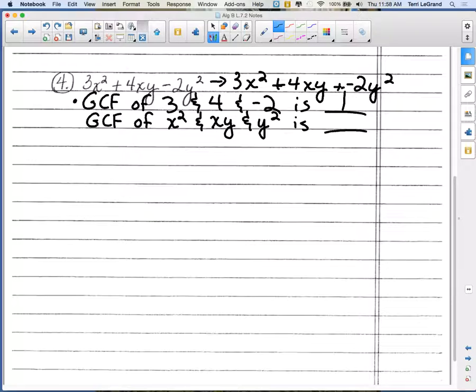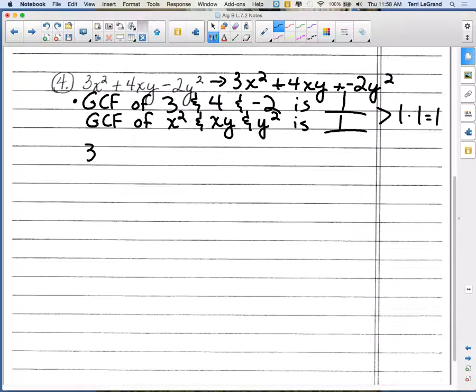So the GCF is, as Faith said, 1. If the GCF is 1 for both of them, then it's just 1. And when the best you can do is a 1, we say it's not factorable. It cannot be factored.